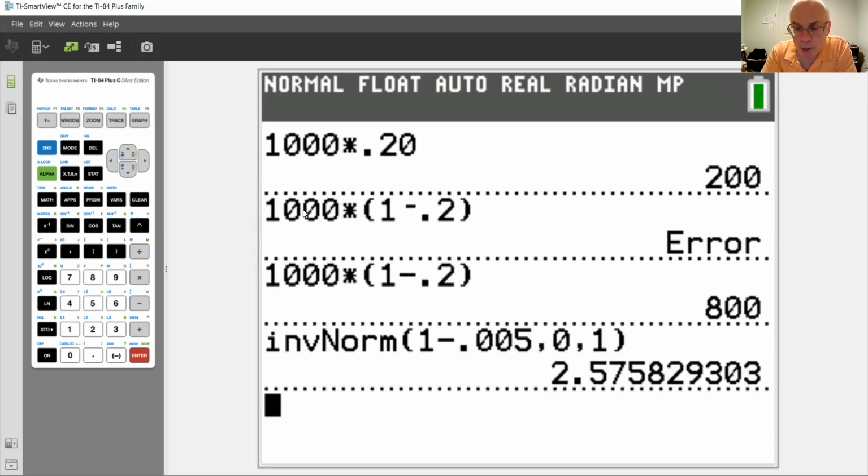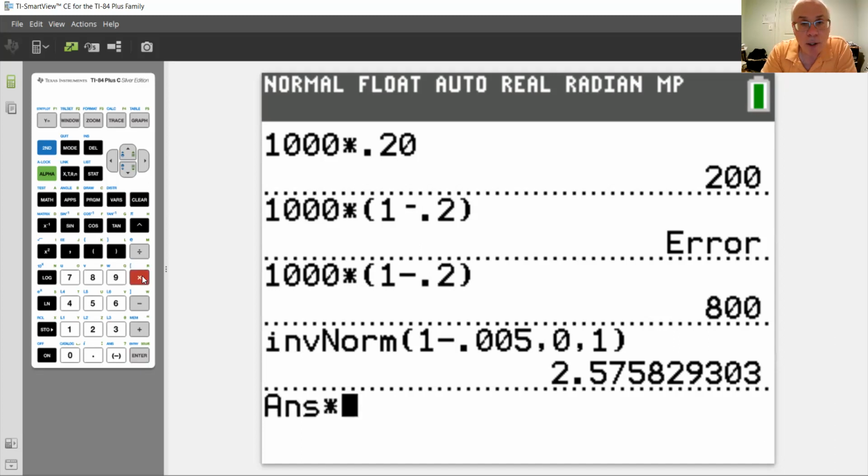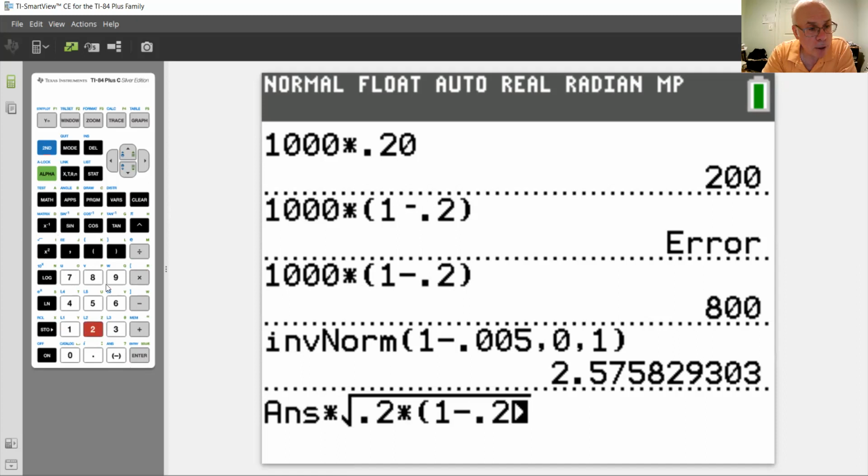Now we're going to multiply that by our standard error, which once again is the square root of p hat times 1 minus p hat, divided by n. Now, p hat in this case is 0.2. So 0.2 times 1 minus 0.2, just follow along.